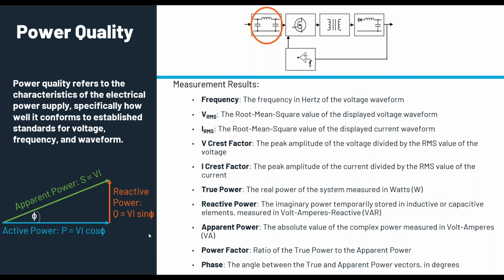Basically looking at the inline AC voltage. So it can be around 110 volts in many countries, and it can go up to 220 or 230 volts in other countries as well.